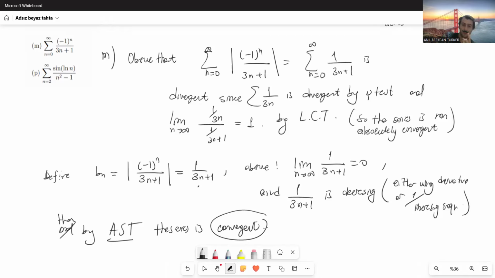But absolutely it is not convergent, so it is conditionally convergent.